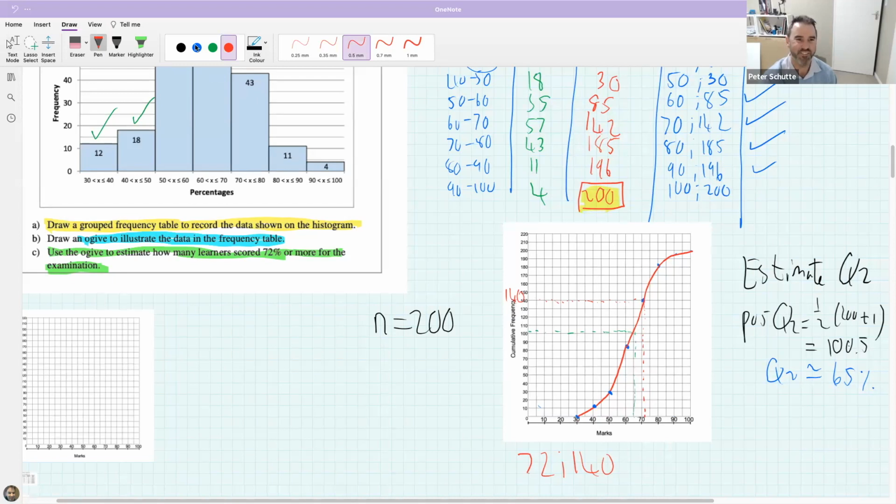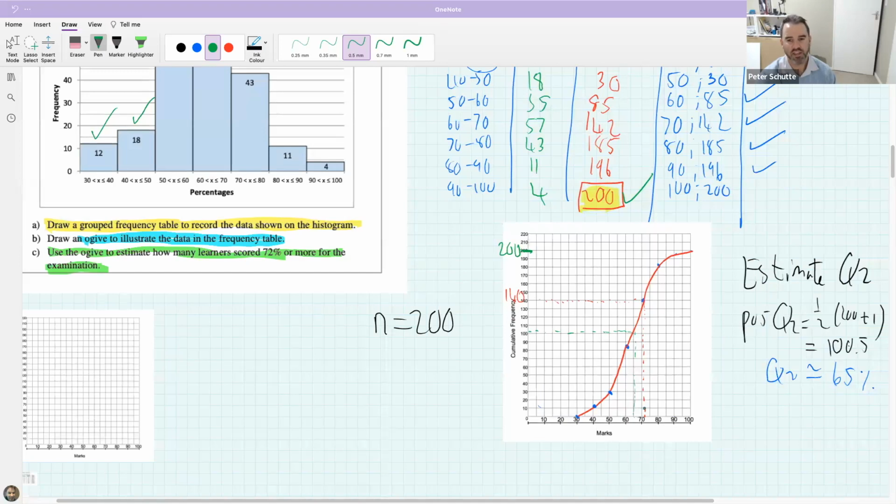It's a sneaky question, so I'll ask you this: how many students in total were there in the examination? How many results were recorded? I think it was 200, and I can see the 200 here. And I want to know how many students scored 72% or more.